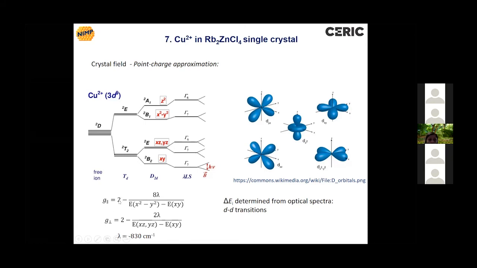It is a primitive calculus because it doesn't include the covalency and the delocalization of the electron towards the ligands. Here you have an example of the schematics of the d orbitals, which also shows the reasons for the anisotropies.